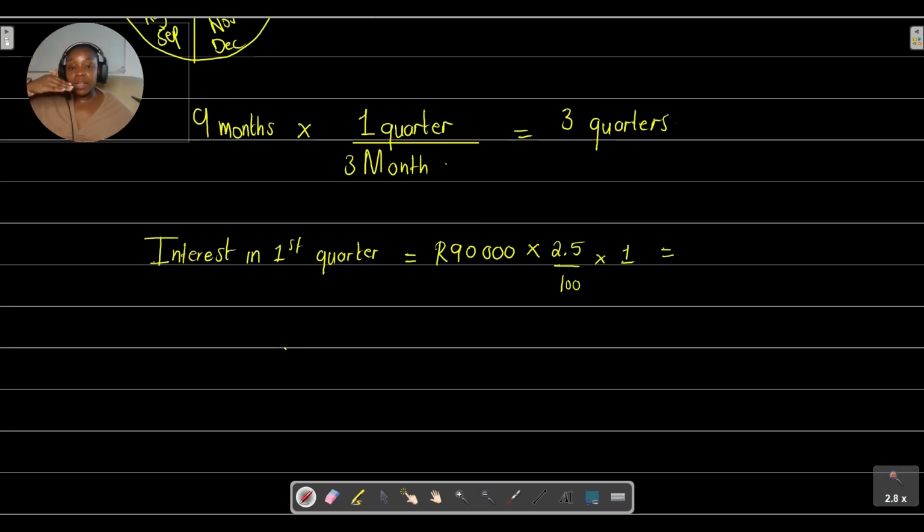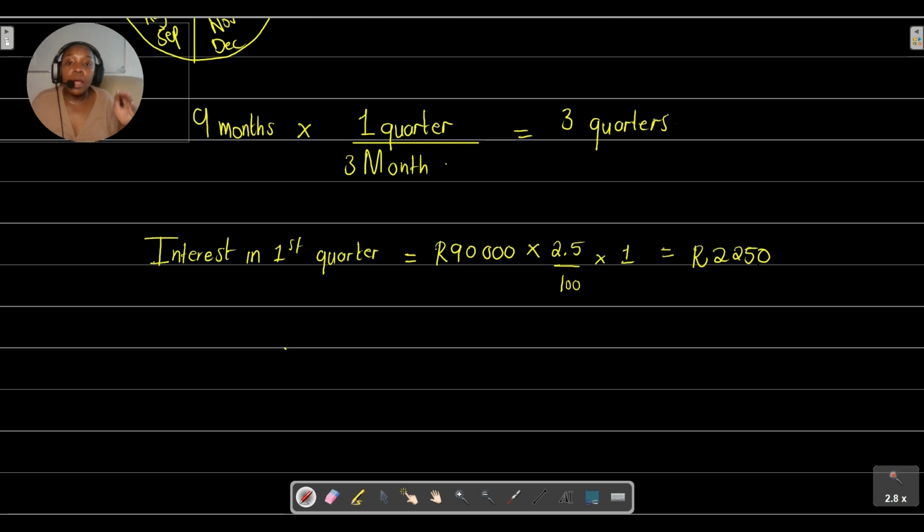We're going to do this calculation 3 times because we've changed the period to quarters, and we've also changed the interest rate to account for the fact that interest is added every quarter. If you take 90,000 and multiply by 2.5 over 100, you'll get that the interest he will be charged in the first quarter is 2,250.